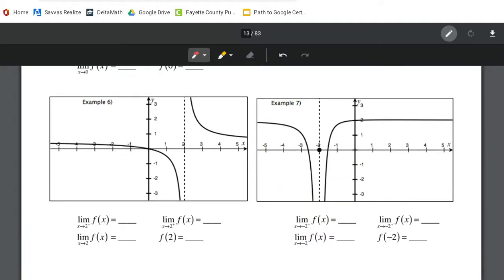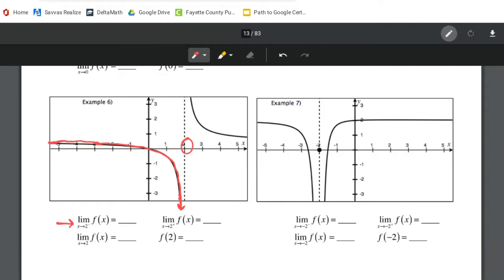Okay, I'm looking for the limit as x approaches 2 from the left. So I'm going to jump on the graph, approach x equals 2, which is right here. As the x values get closer to 2 on the x-axis, the y values are going down, down, down, and actually they keep extending down. They keep decreasing forever.